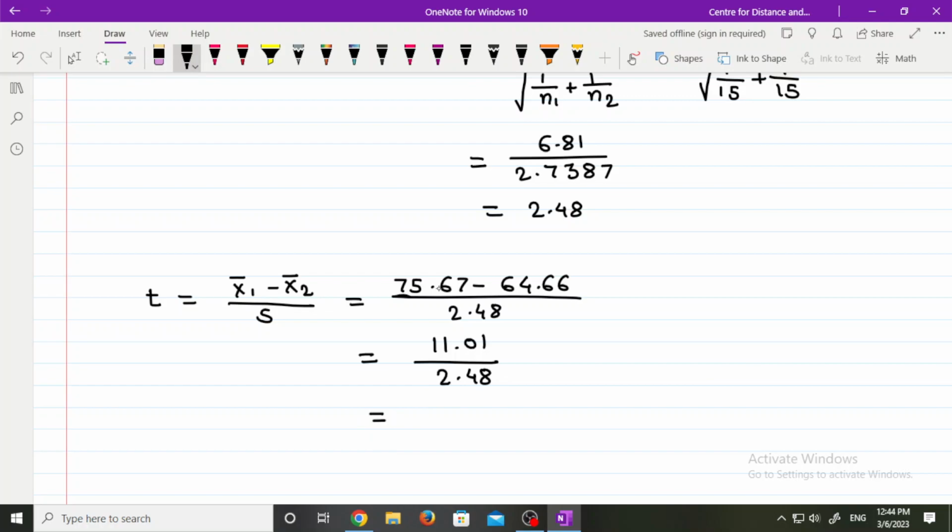When we divide 11.01 by 2.48, we get 4.435.